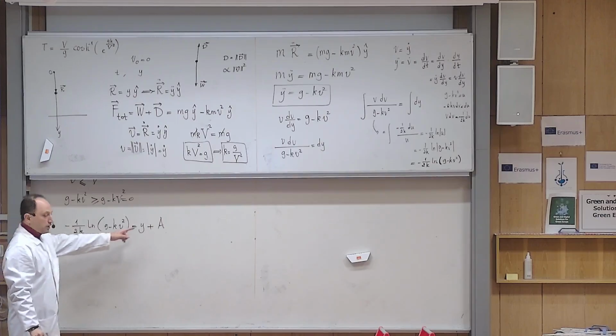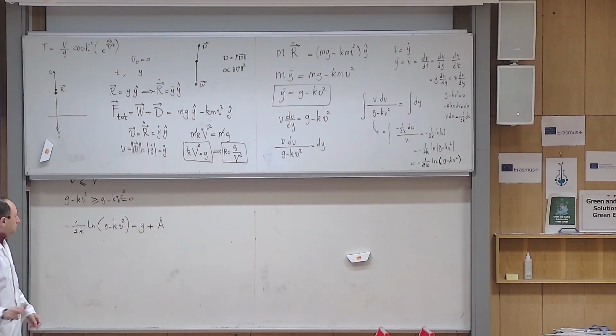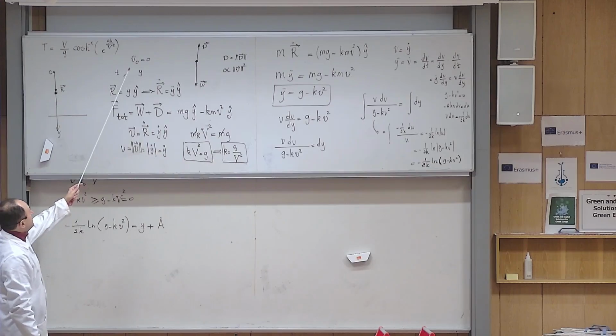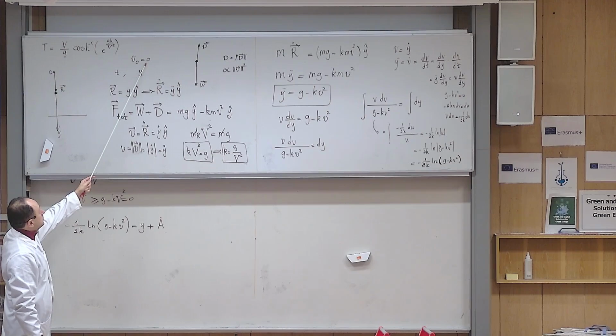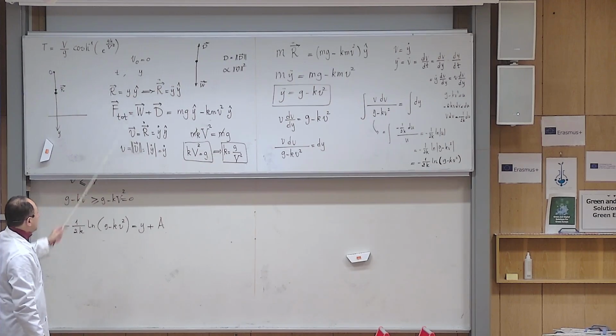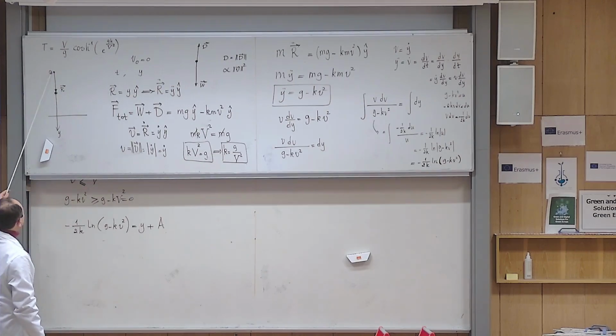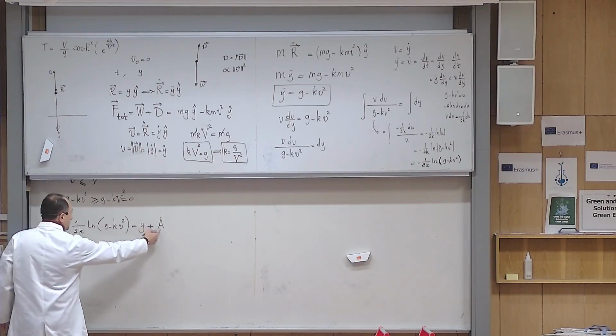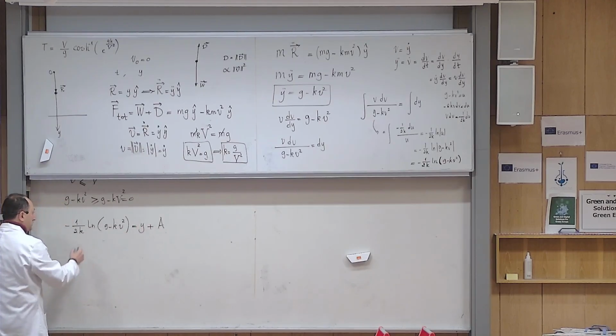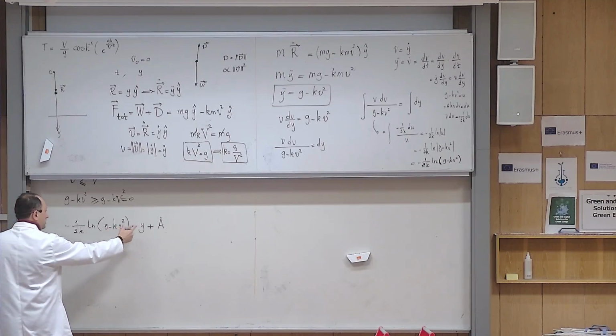In order to find capital A, I know that the initial velocity or the initial speed of my particle is 0. So it means that if y is 0, because when I release it at that time, at that location, y is 0, then v is also 0. So using that, I can fine-tune this constant of integration. So I replace v with 0, y with 0.